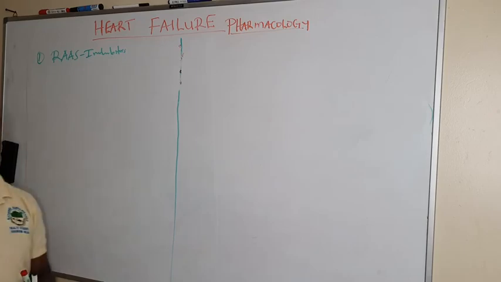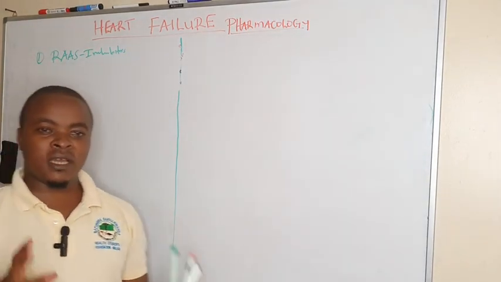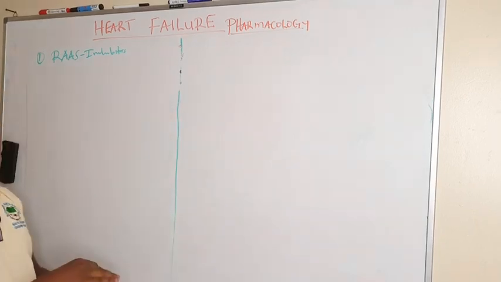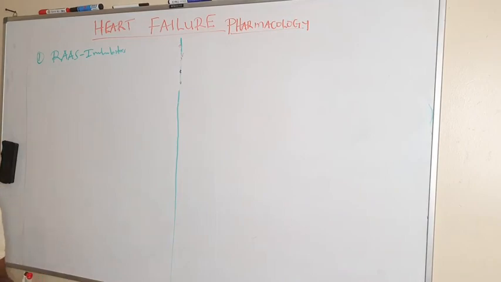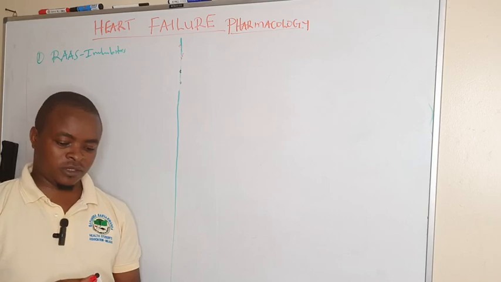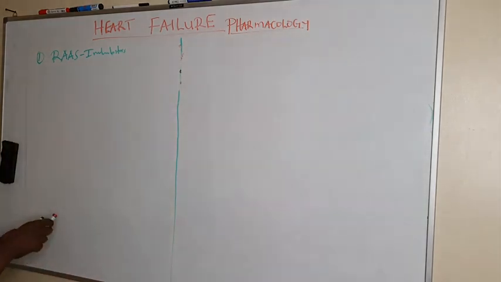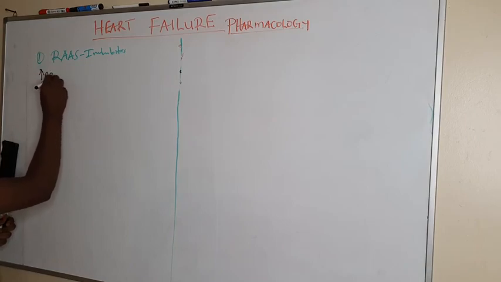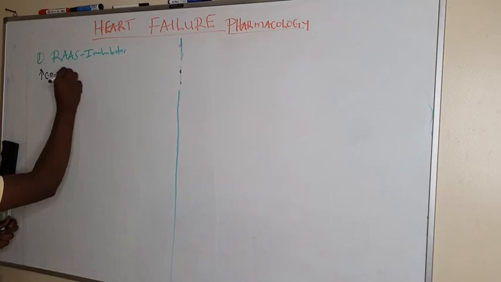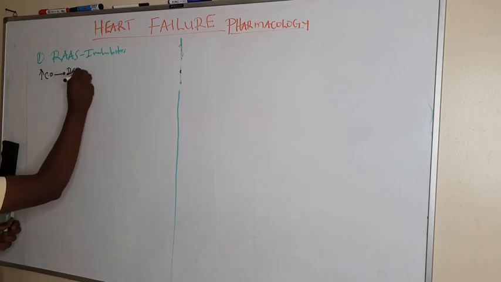And these drugs act as follows. As we saw, when there is heart failure due to reduced cardiac output, decreased cardiac output leads to decreased perfusion to the kidney, which leads to production of renin.